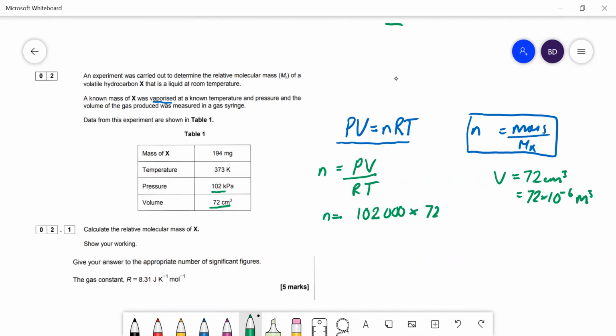R is 8.31 joules per mole per Kelvin, and the temperature is already in Kelvin for us, 373. Work that out, and we get a value of 2.37 times 10 to the minus 3 moles.